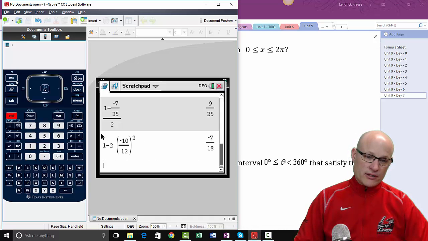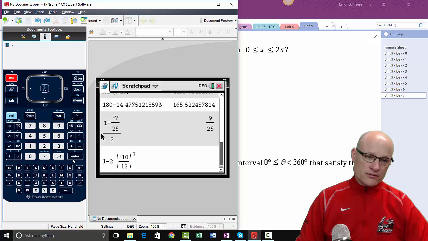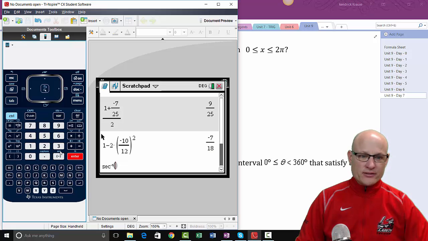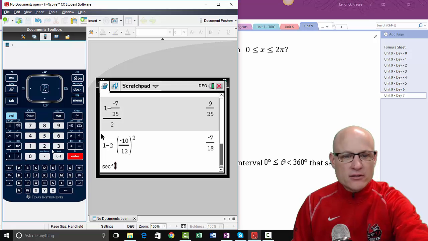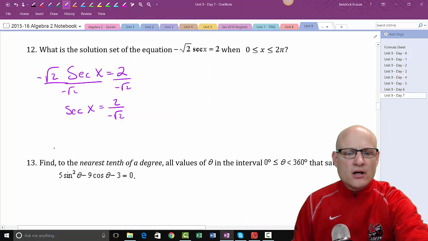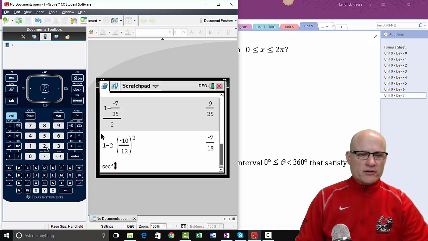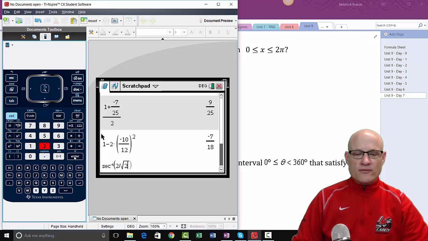Why do I keep doing that? Inverse secant. Now, don't put the negative in. 2 divided by the square root of 2. This should be 45 degrees.